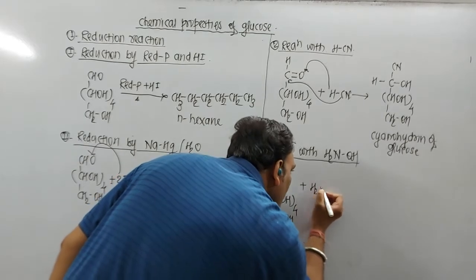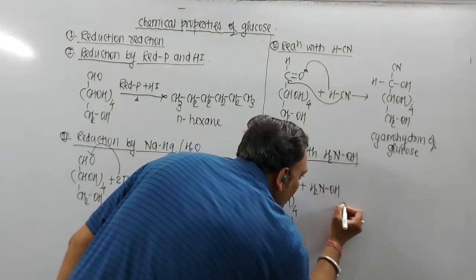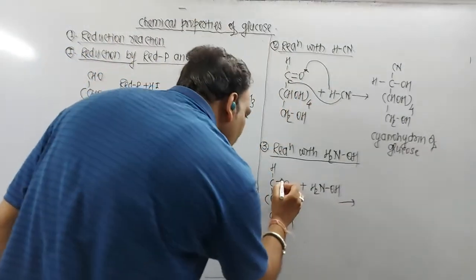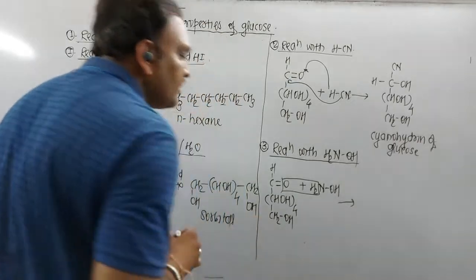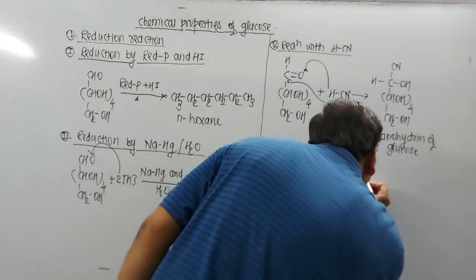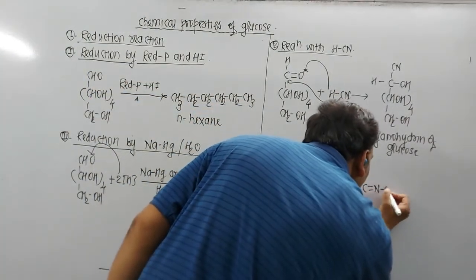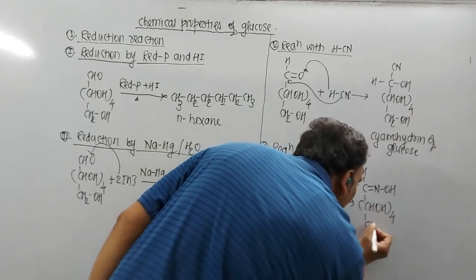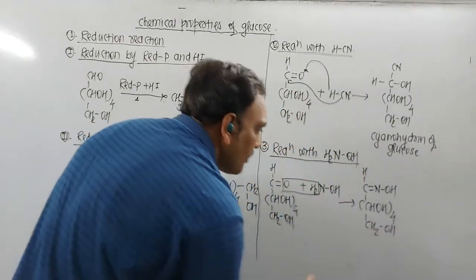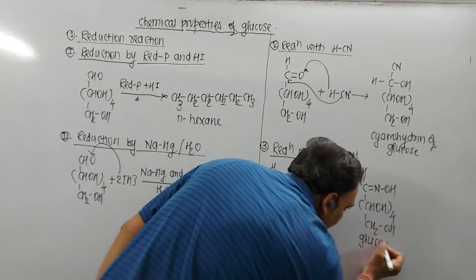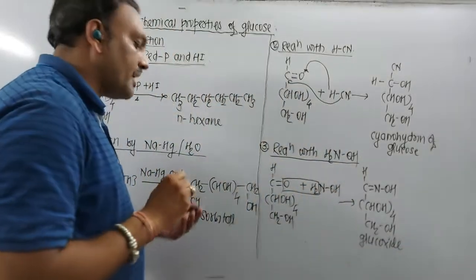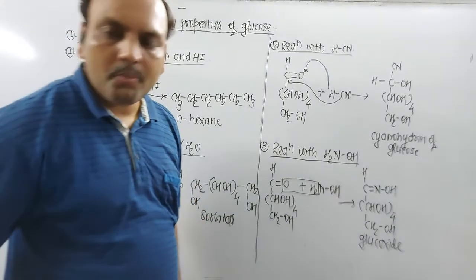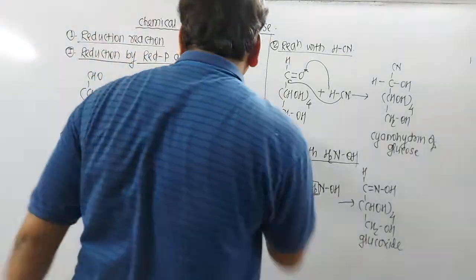And if glucose is allowed to react with hydroxylamine, then being an ammonia derivative, addition elimination reaction would be expected right here. So upon addition elimination, we would get the oxime of glucose that can be given as. So remember, this is the oxime of glucose, what we call glucoxime. So formation of glucoxime indicates the presence of aldehyde group in glucose as well.